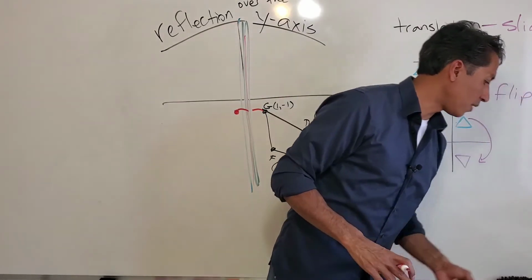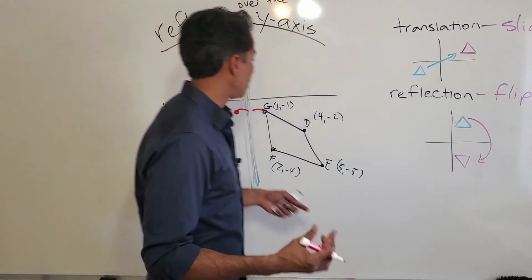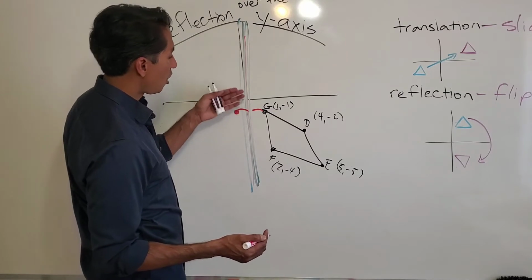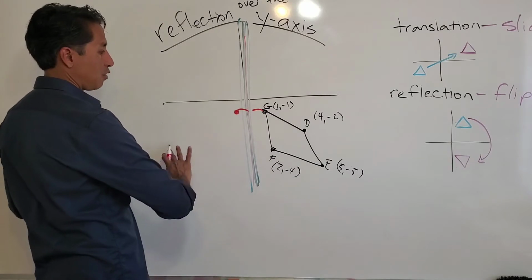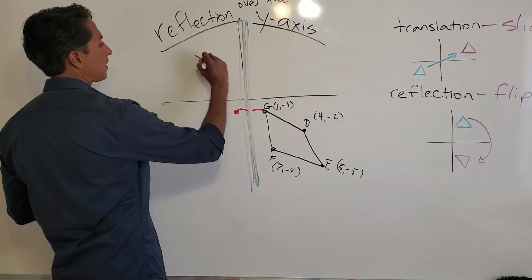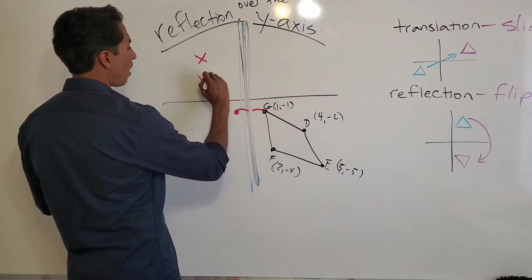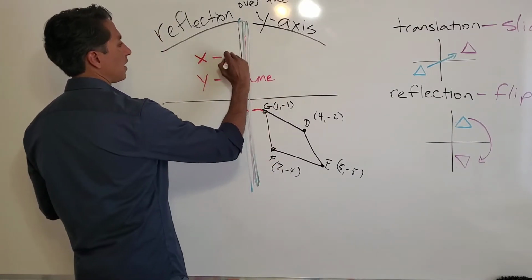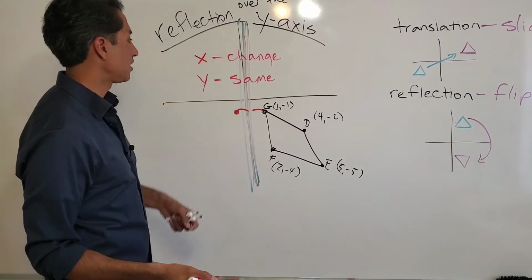When it comes to these reflections, you'll notice something. In this situation, because all of the values are down here and all we're doing is flipping it over, the x values are going to change, but the y's are going to stay the same.